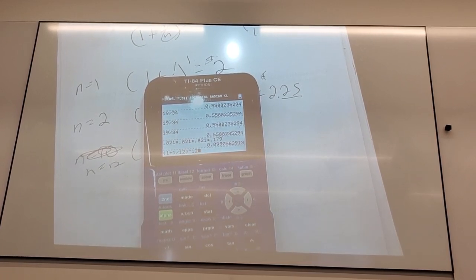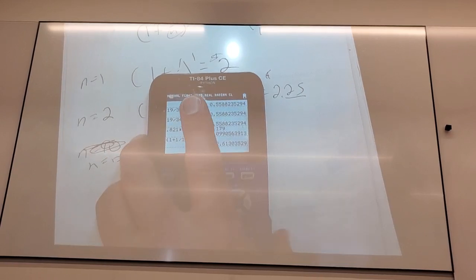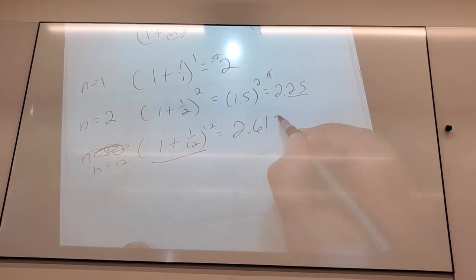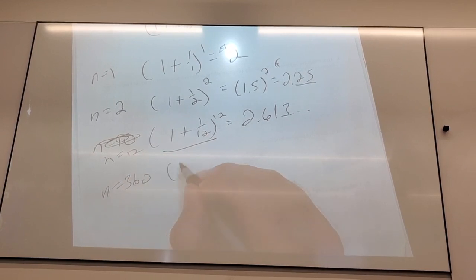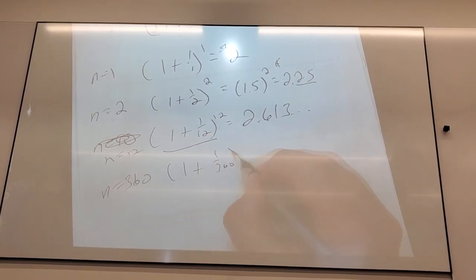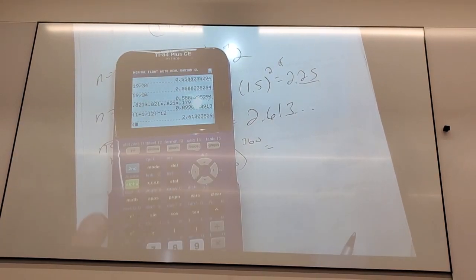Did anybody get that? 2.613. Yep, 2.613. Let's do it how about if I do it just almost every day? So I do 1 plus 1 divided by 360 to the 360.